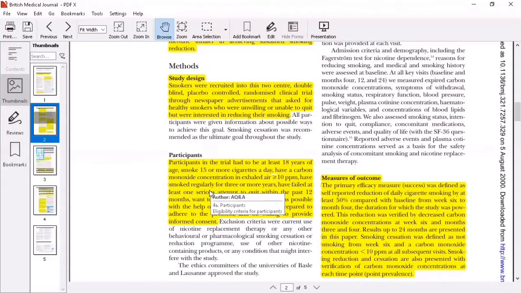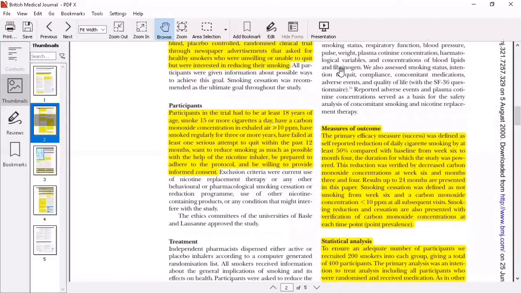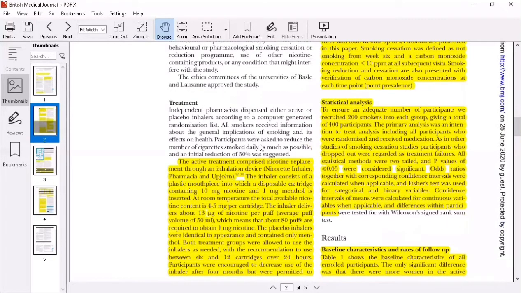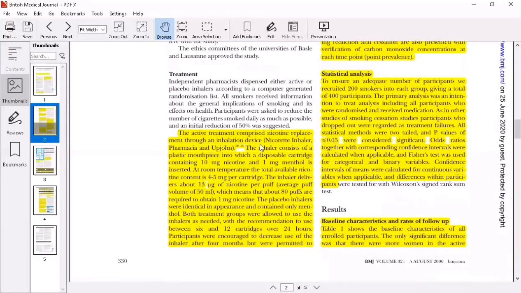It's about eligibility criteria for participants. And then there is checklist number 5, intervention. The interventions for each group with sufficient details to allow replication, including how and when they were actually administered.